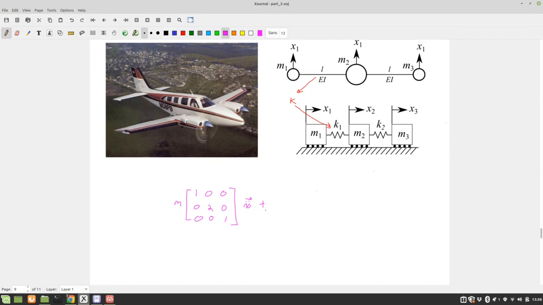Now we need our stiffness. So our stiffness, we're gonna pull that 3EI over L out. That's a constant. And we're going to have 3, negative 3, 0, negative 3, 6, negative 3, or whatever that was, 0, negative 3, 3.